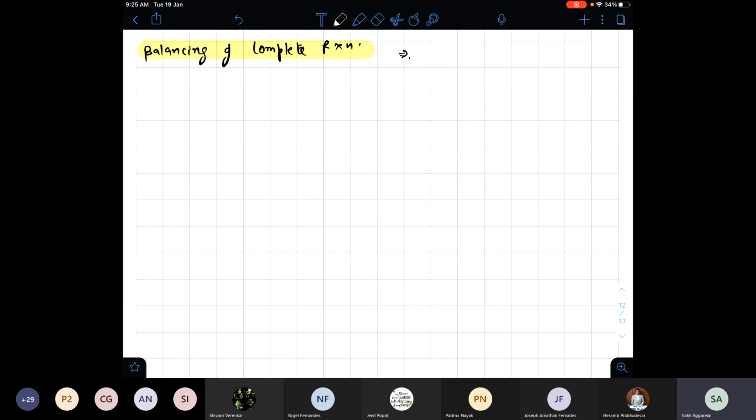Balancing of complete reaction. For example, you are given like this. You have to balance this equation.